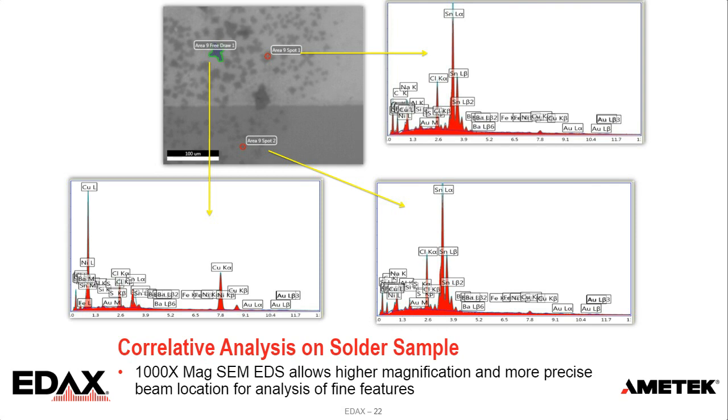And we can figure out from the EDS spectra that those 3 different features have different compositions. So EDS is good for analysis of fine features. With Micro-XRF, the spot size would be too big to resolve those 3 fine features.